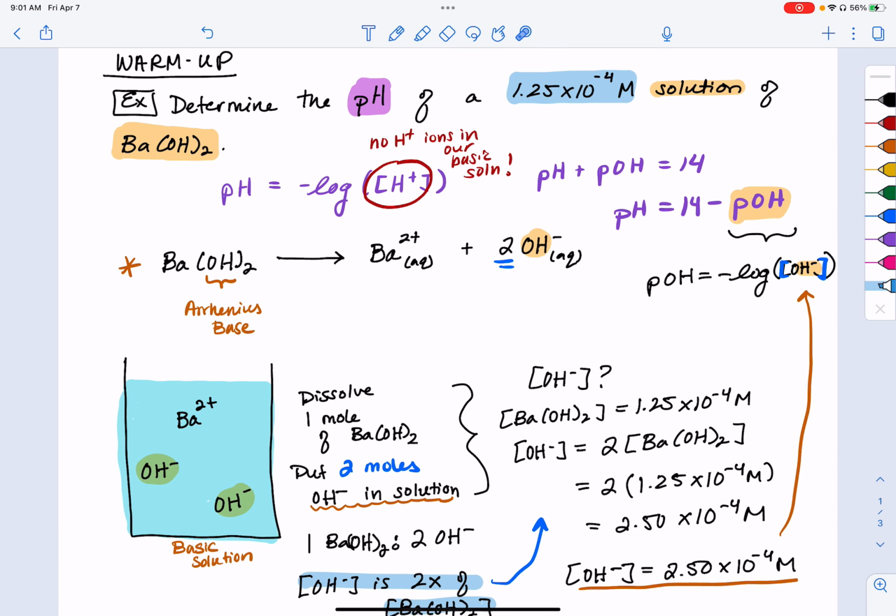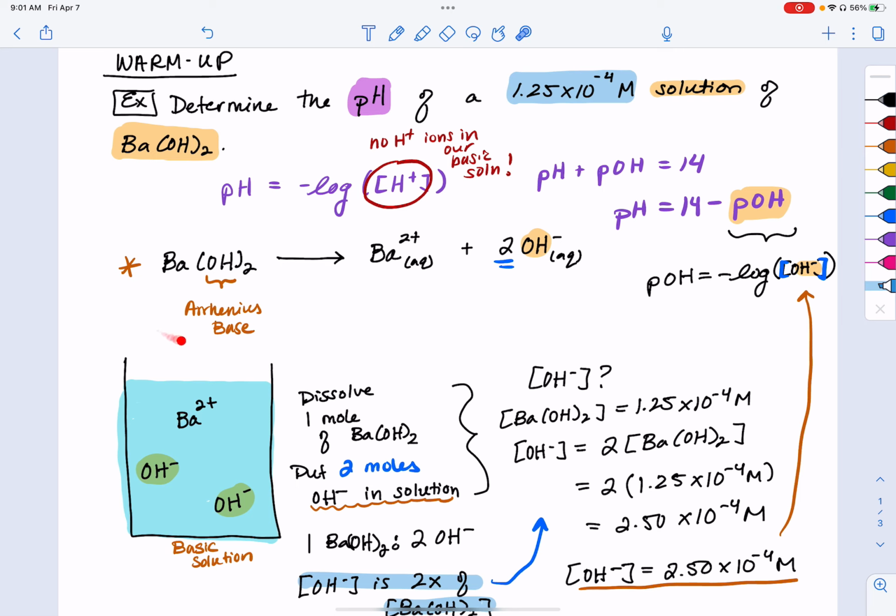So let's kind of recap what we did here. Things to pay attention to. One, pay attention to whether you are putting a base or an acid into solution, because that will determine whether you are able to calculate directly a pOH or a pH. Another thing to pay attention to is the concentration, not just of your solute, but your relative concentration of either basic particles or acidic particles.